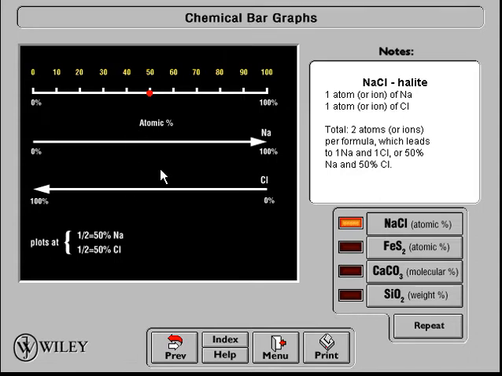So if we put it on the axis ranging between 0 and 100%, it plots here in the middle, 50-50.